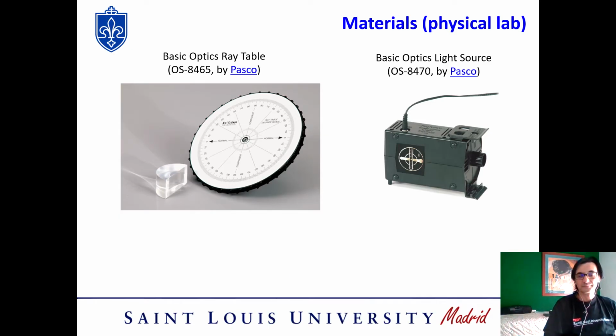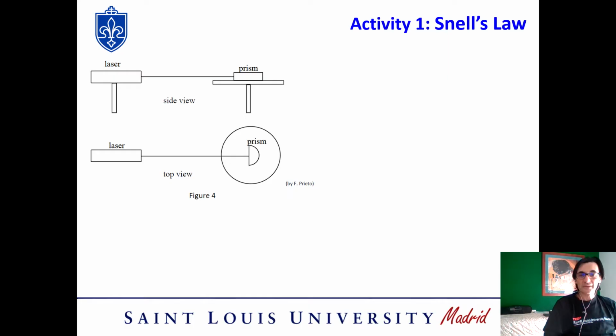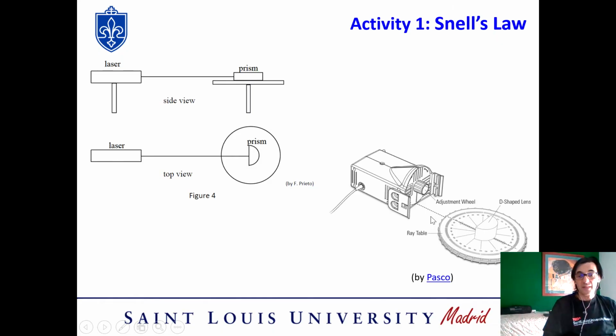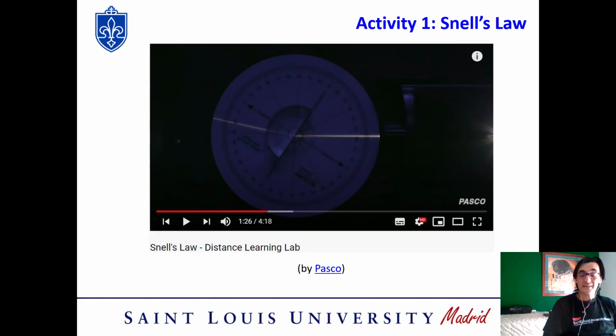How do we mount all these elements? Well, it's simple. We direct the laser or the white source to the prism, and with the rotary stage, we rotate the prism and check the incident light and the refracted light, the angles that these two beams form with respect to the normal. So let's see this in a real example, in this video.